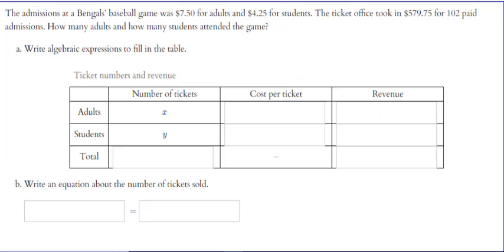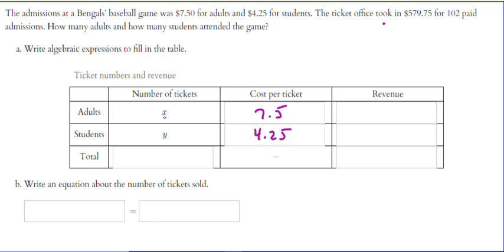Now let's look at another one. The admission at a Bengals baseball game was $7.50 for adults and $4.25 for students. So let's go ahead and put this in. The ticket office took in $579.75 for 102 people paying.